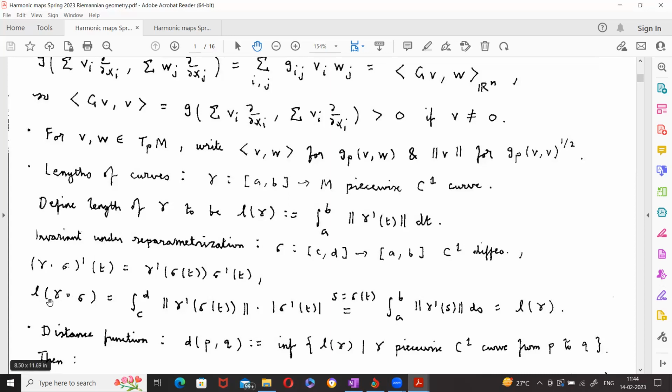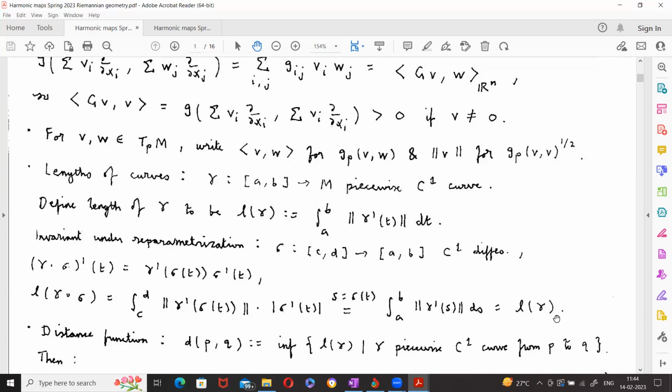So what will the length of gamma composed with sigma be? By definition, this will be the integral from C to D of the norm of the derivative of gamma composed with sigma. That's going to be the norm of gamma prime of sigma T times the absolute value of sigma prime T. Now I make the change of variables S equal to sigma T. Then by the change of variable formula, this integral becomes the integral from A to B of the norm of gamma prime S ds, and so that is the length of gamma.